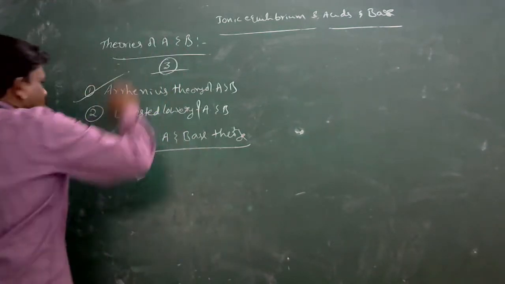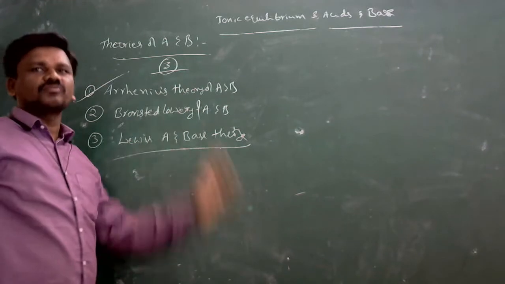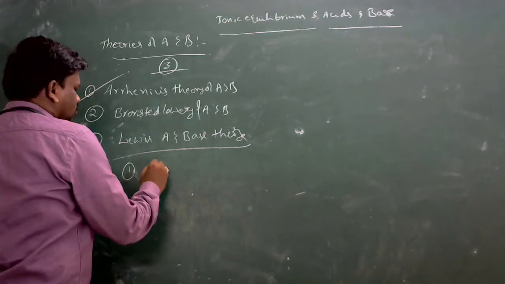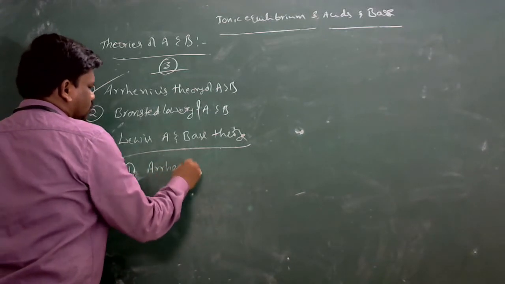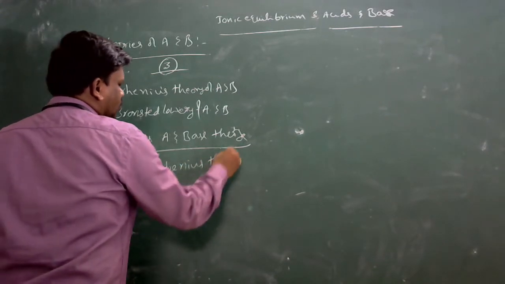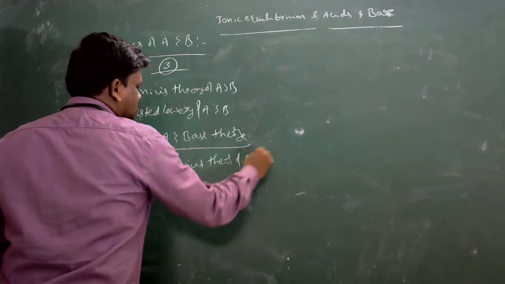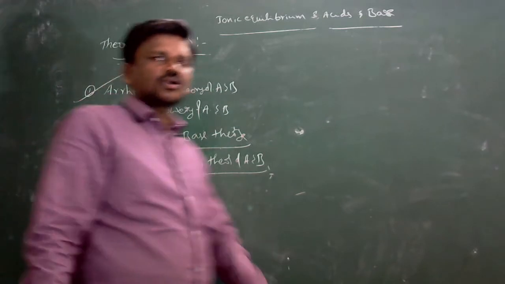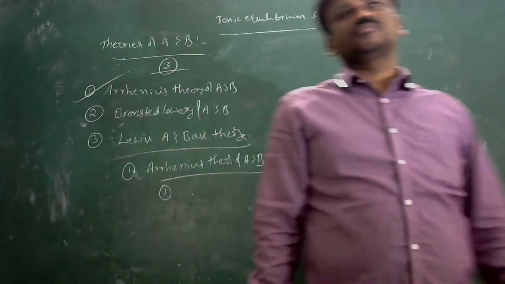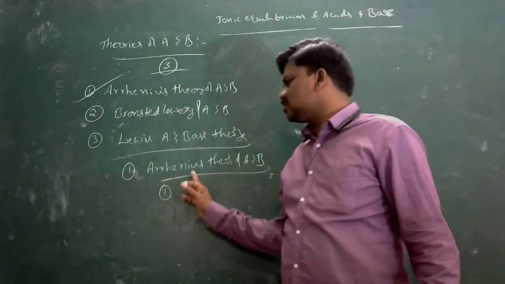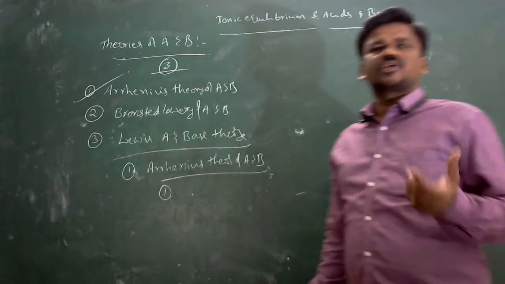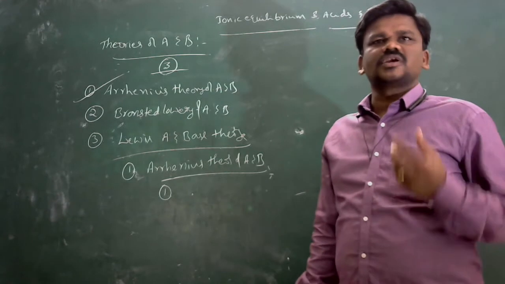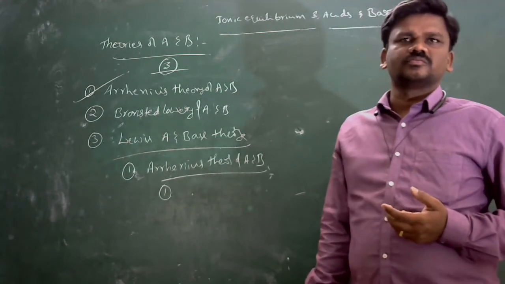Here, first one, we discuss the Arrhenius theory of acids and bases. It is also called the aqueous theory because it explains all the concepts in terms of an aqueous medium.